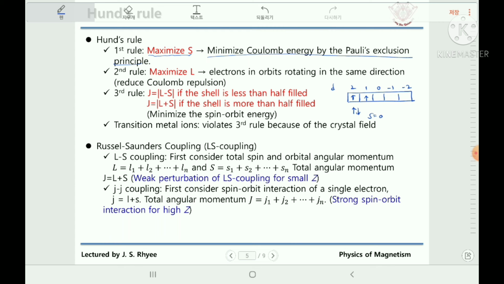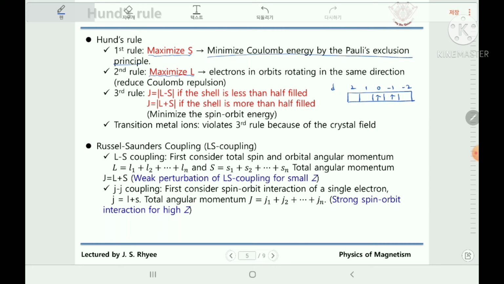It is due to the Pauli exclusion principle, and the first rule is to maximize S, and the second rule is to maximize angular momentum. What do we mean by maximizing angular momentum? You can think there are several possibilities. One is that one spin is here and the other one is like this, but in this case the angular momentum is -1.